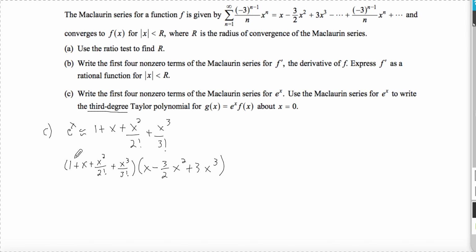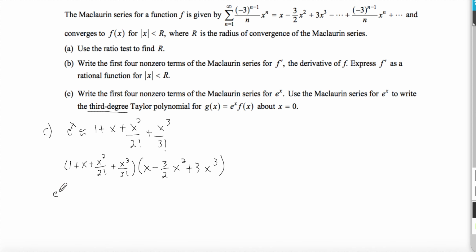Now let me think about how these things actually multiply together. Well, this 1, as it FOILs in here, I want to stay at third degree or below. 1 will multiply in and will be fine all the way through. So 1 times x, 1 times minus 3 halves x squared, 1 times 3x cubed, that's fine.